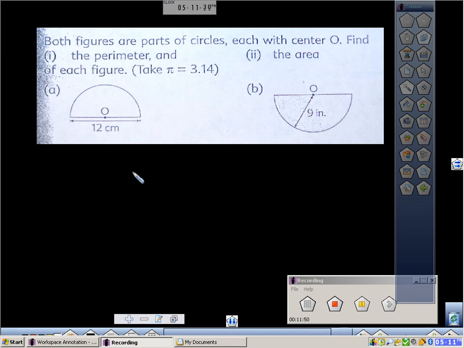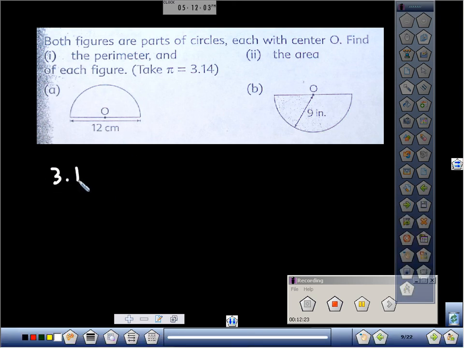Let's see. First of all, let's tackle the perimeter. We want to find the circumference of this half circle and then add the 12 to it. So we know the diameter is 12. I'm going to go 3.14 times 12. 4 times 2 is 8.